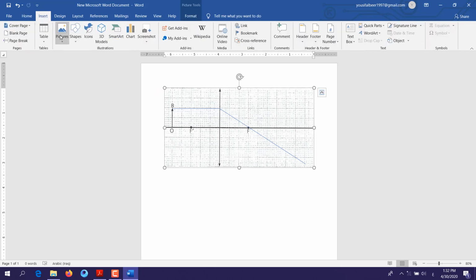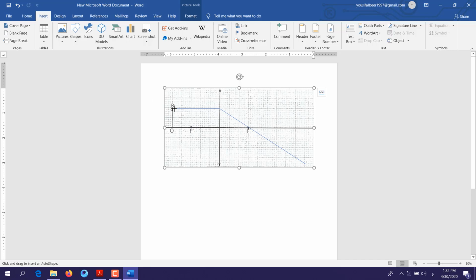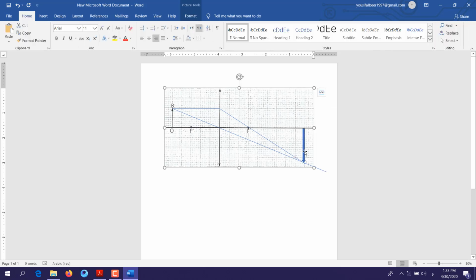Then another line from the top of the object will go straight through the center of the lens. And now, as you can see, these two lines met at this point. And here is the image. As you can see, the image is inverted, and also the size of it is bigger.